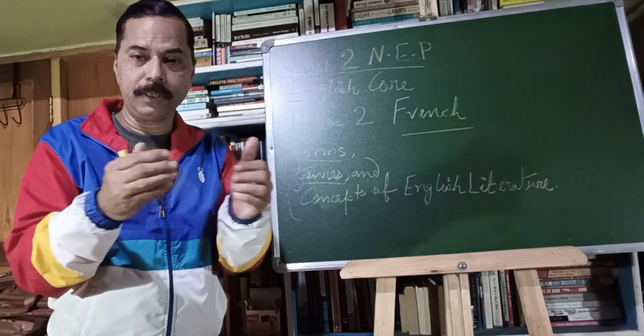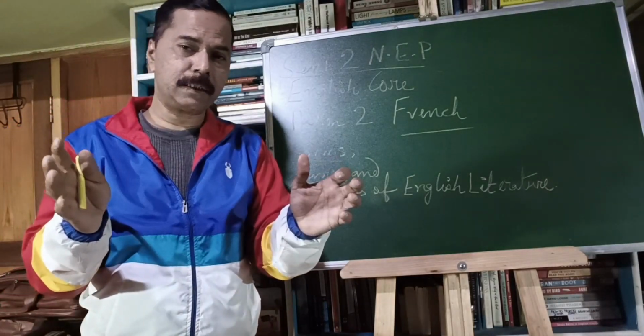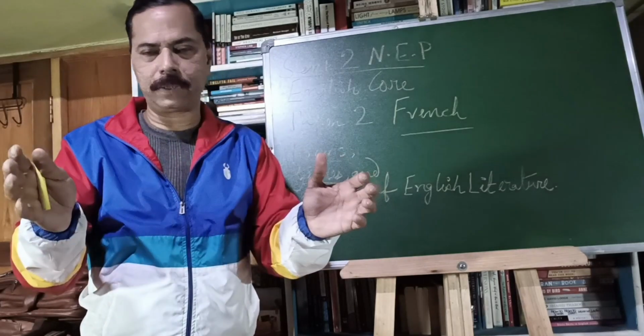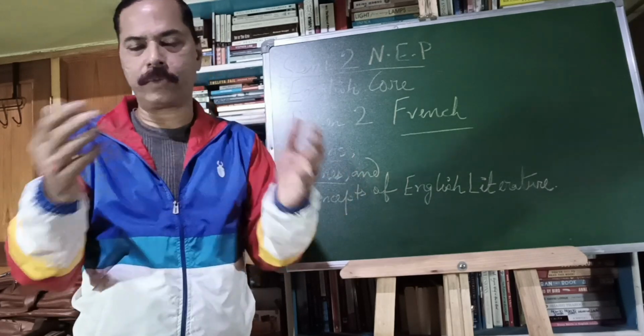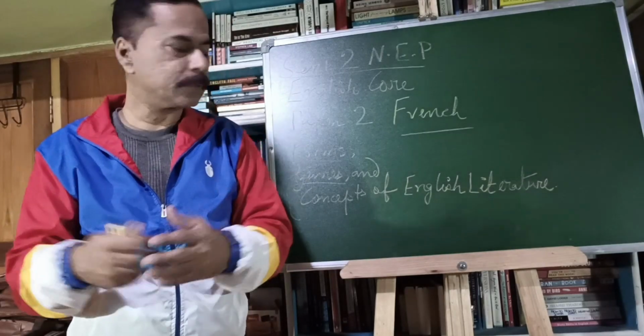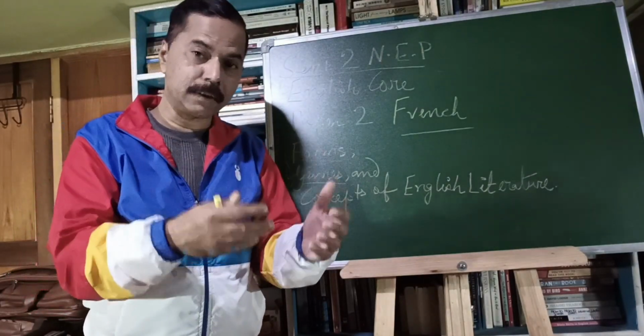So different literary types. Of course, in extreme cases, there will be difficulties in categorizing literature into sharp compartments because there are hybrid forms or hybrid genres. Those hybrid genres like tragicomedies, now even novels are written in verse.